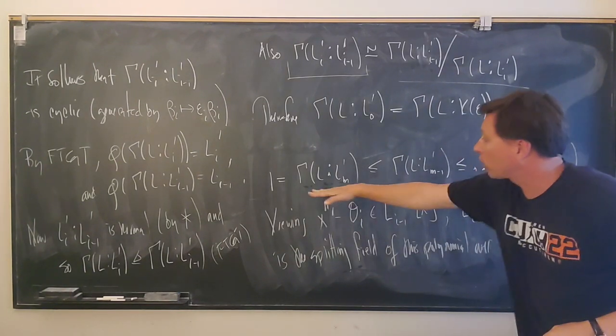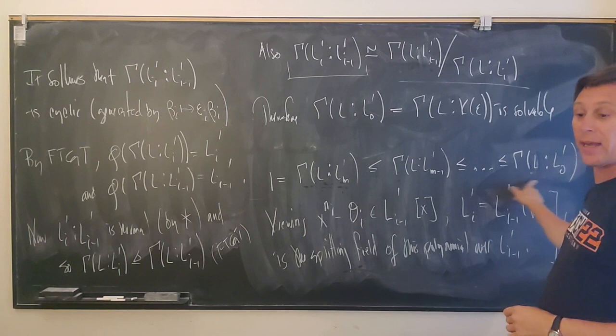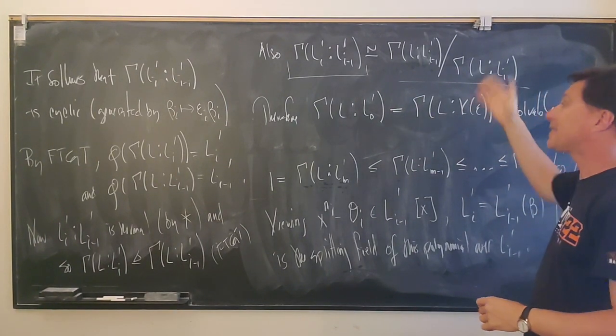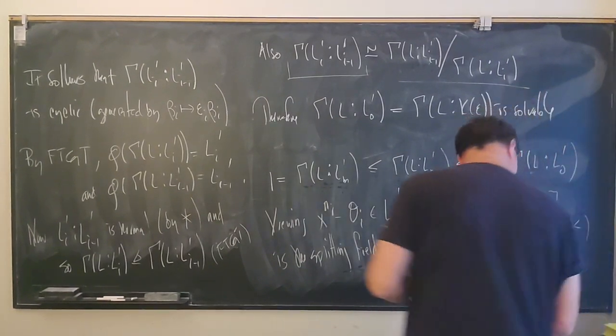We have a subnormal series here where this is the terminating group, with cyclic and therefore abelian quotients.